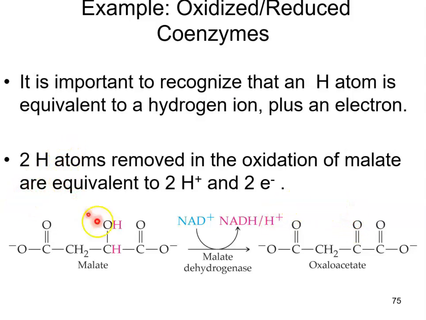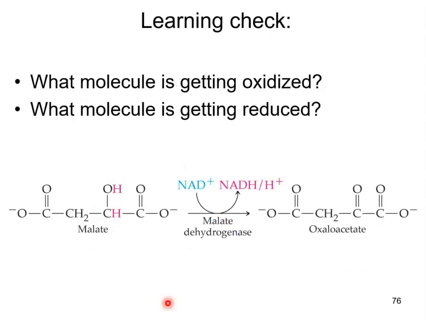Here is an example of malate. Malate is going to be in this more reduced form. Then these hydrogens are lost, and we have more carbon to oxygen bonds. So this oxaloacetate is oxidized. And then we take that coenzyme and we are able to reduce that coenzyme while the oxaloacetate is being oxidized.